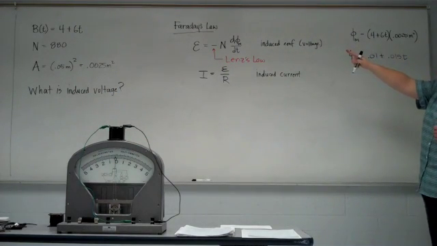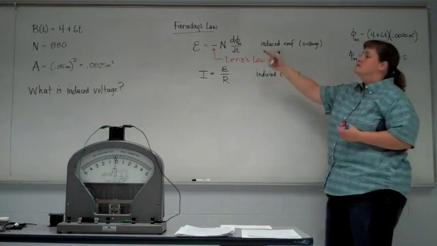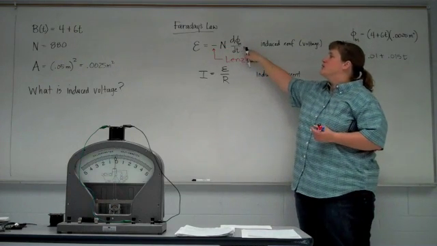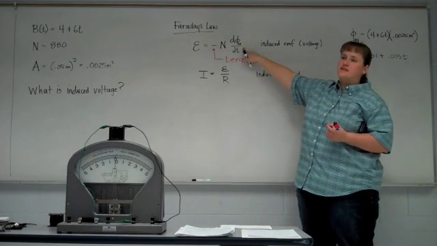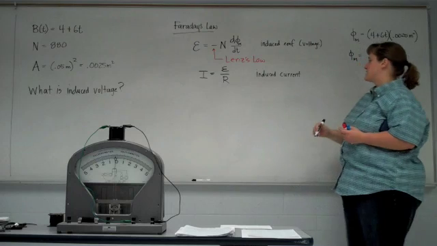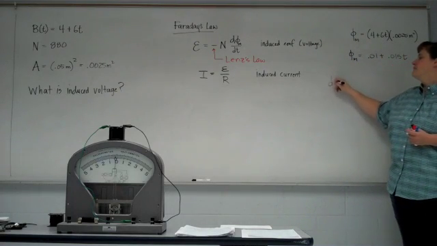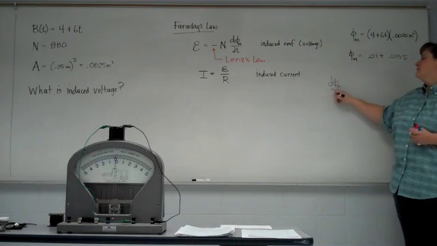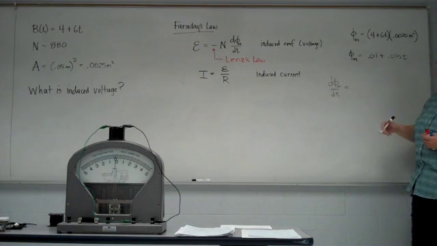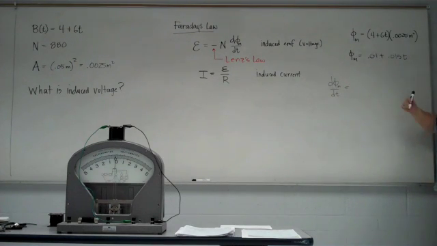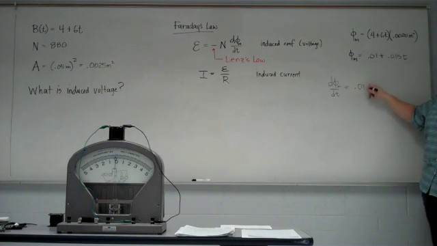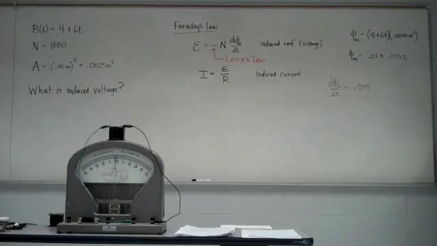To find the induced voltage, we have the number of turns. We need to take the derivative of the flux with respect to time. Well, the derivative of 0.01 is going to be 0. The derivative of this is going to be 0.015. So that is the derivative of our flux with respect to time.